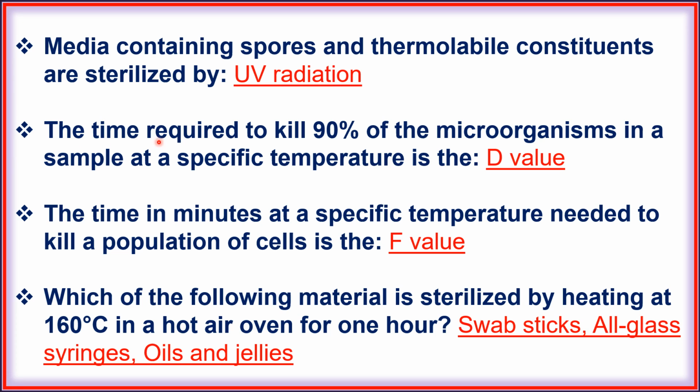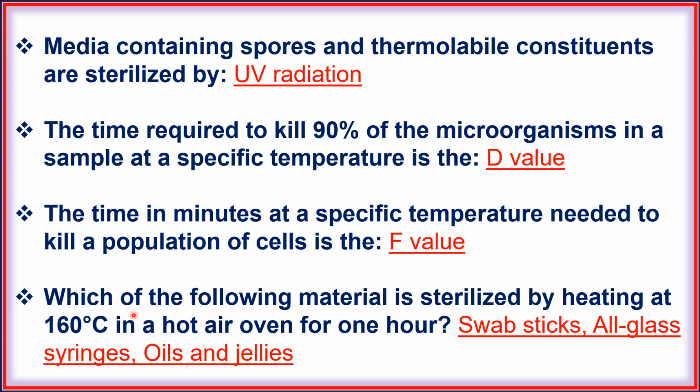Next, the time required to kill 90% of the microorganisms in a sample at a specific temperature is the D value. Next, the time in minutes at a specific temperature needed to kill a population of cells is the F value.